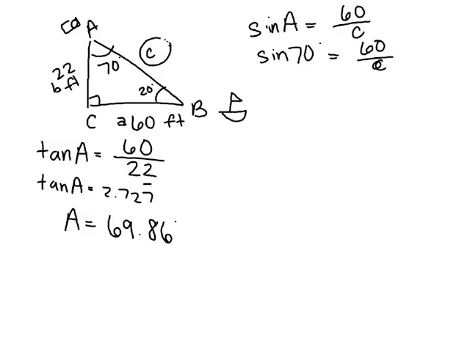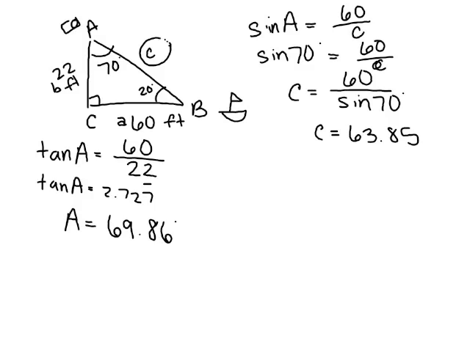C equals 60 over the sine of 70 degrees. 60 divided by sine 70 equals 63.85. Is that my longest length? Remember, the hypotenuse always has to be the longest. Okay, it is longer.